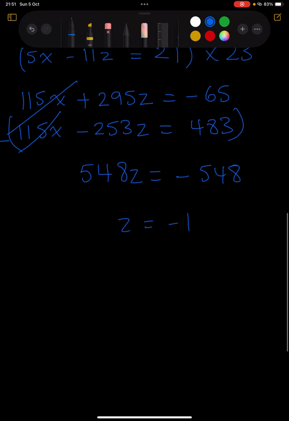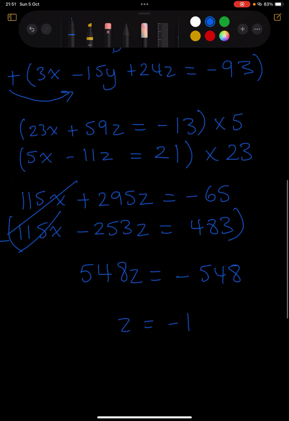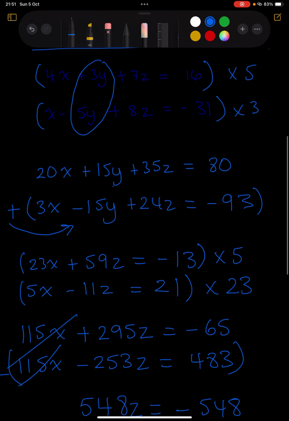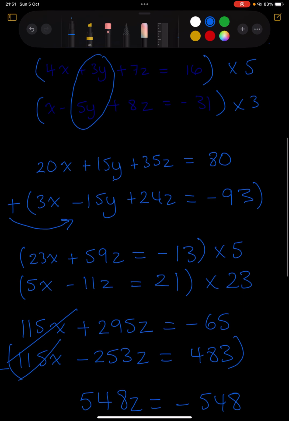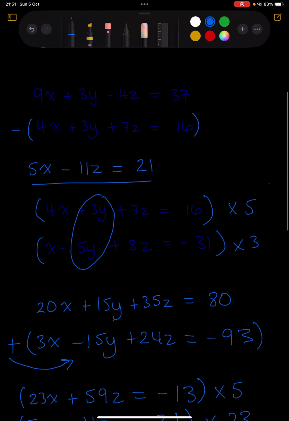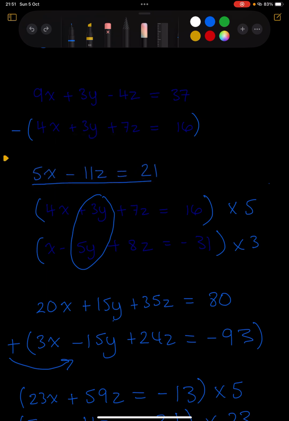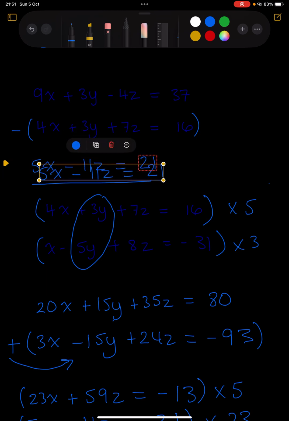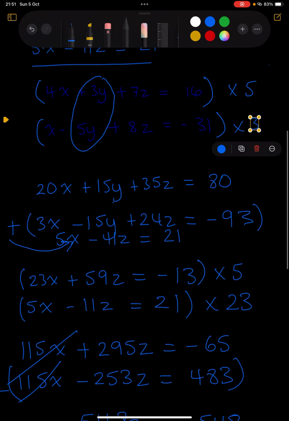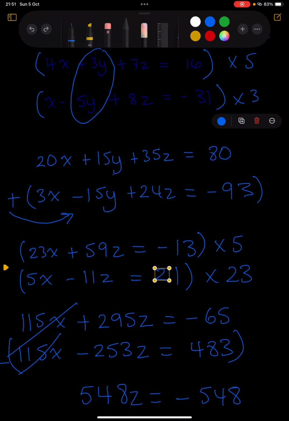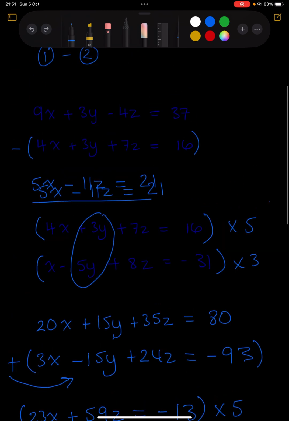So yeah. Okay. Now the easiest way to get y and x is to use your simplest equation. So I'm going to take, for example, this one. It looks like one of my simplest ones, in order to work out what x is going to be. I just need to duplicate that and bring it down.